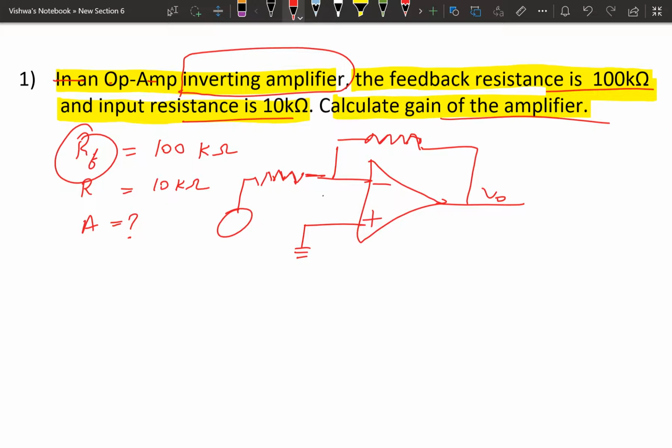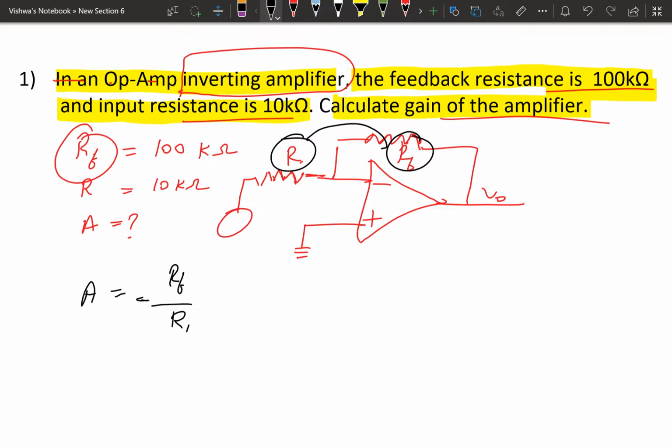For this, the gain of the amplifier is given by gain is equal to the feedback resistor divided by the resistance at the inverting terminal, RF divided by R1, and there is a negative sign that indicates it is an inverting or phase reversal type.